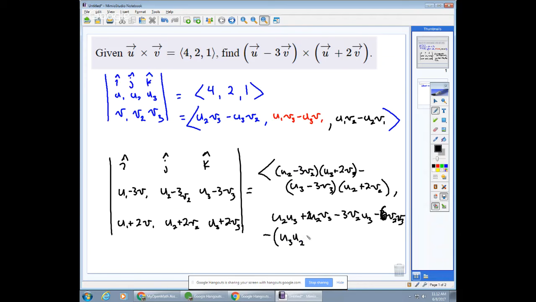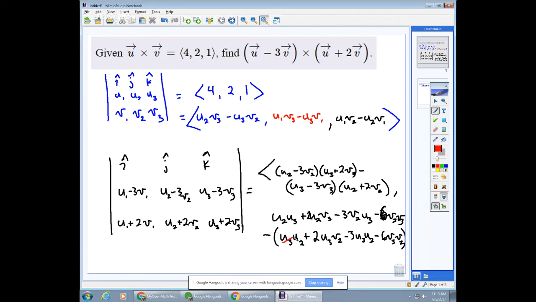U3 U2 plus 2 U3 V2 minus 3 U3 U2 minus 6 V3 V2. Does stuff cancel here when I do that subtraction?